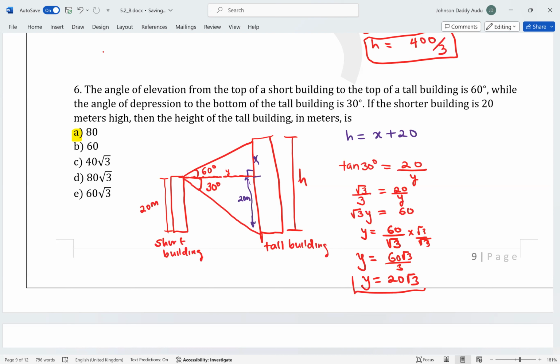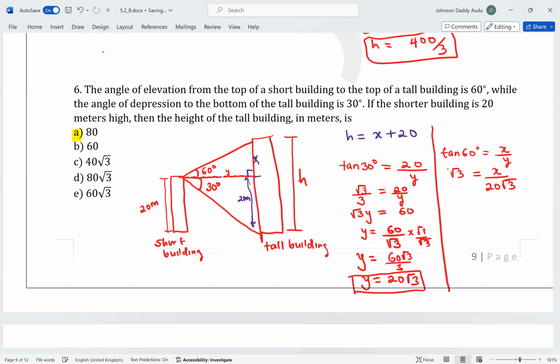So this is y. But remember, y is not what we are looking for. We are looking for the height of the taller building. So if we know y, we can know x, right? Now, to find x, we will use this one. From here, we will have opposite over adjacent. We can also have tan 60. Tan 60 is going to be x over y based on this diagram. But tan 60 is root 3, and we know y, which is 20 root 3.